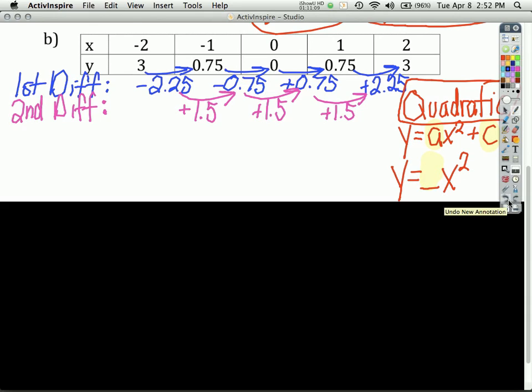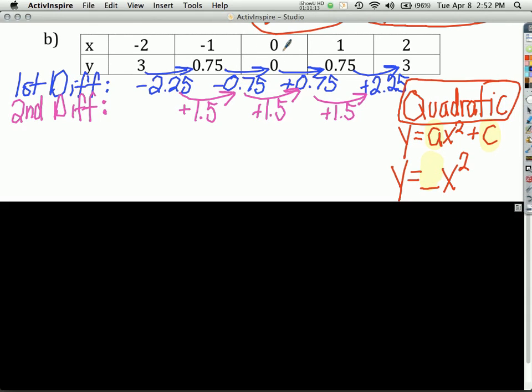So here's what it will look like. Let's pick an easy one. I wouldn't use 0, 0 because it's not going to work out. Well, let's pick 2, 3. So y is going to be 3 equals a times, now x is 2, so do 2 squared. It's 4. Solve for a. What's a going to equal?